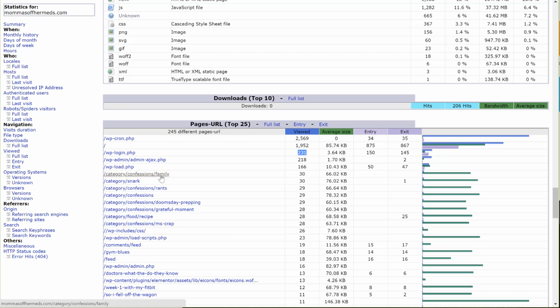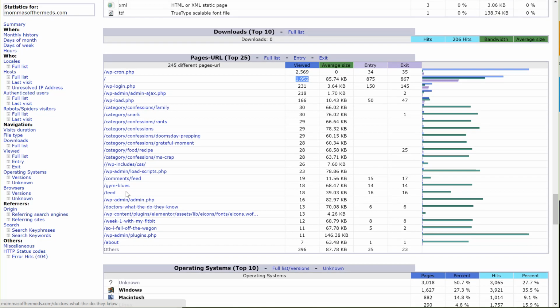Otherwise, these are actual categories. So these categories are popular. So people are probably going to the home page 1,900 times and then type. I have categories in my navigation structure. So people are going to the categories. Gym Blues. Okay, so this is an actual article, I should say.